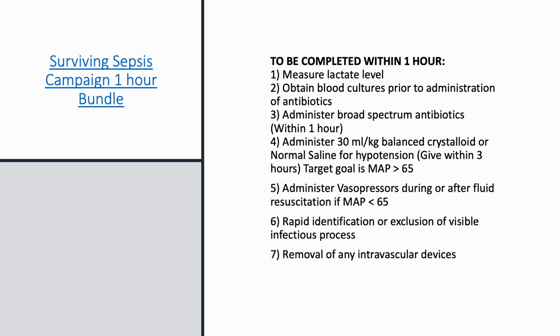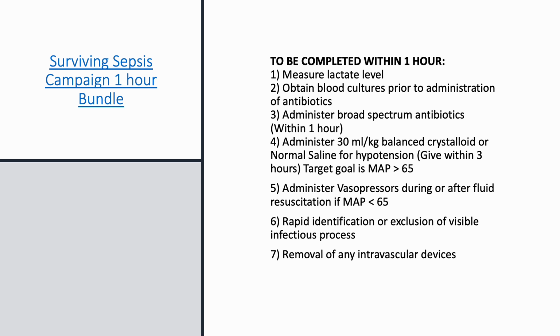You want to reassess lactate levels if the initial lactate level was greater than 2, or depends on how your lab processes your lactate values, but it will typically tell you what the range is for normal. Monitor for improvements or signs of worsening perfusion. So you want to keep monitoring your lactate levels.